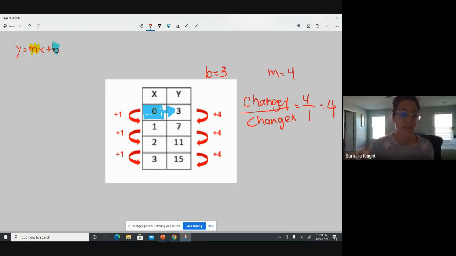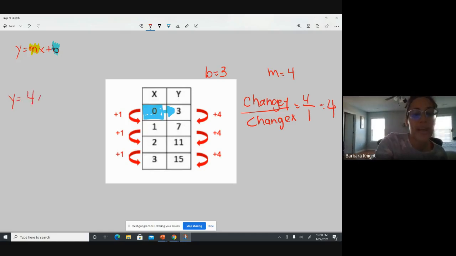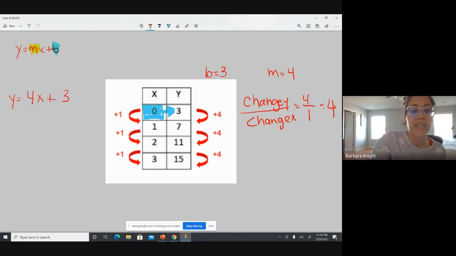That's all you need to know to write a linear equation, because you leave y and x as variables, because what you're writing here is what the rule is. You're just writing the rule, right? So it's going to be y equals 4x plus 3.